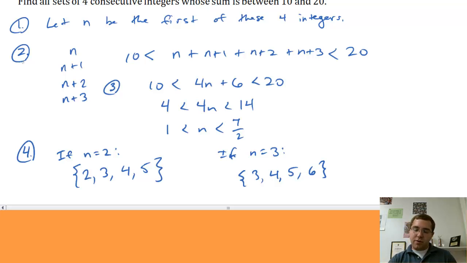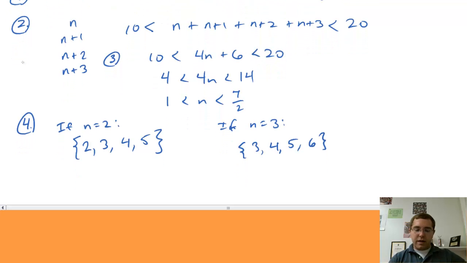Now, did I find all of the sets? How can I prove that I found all of them? Well, really, it suffices to show that the next biggest set, which would be the one that starts at 4, is going to be too big. So 4 plus 5 plus 6 plus 7, show that that's bigger than 20. Well, 4 plus 5 is 9, plus 6 is 15, plus 7 is 22. That's too big.